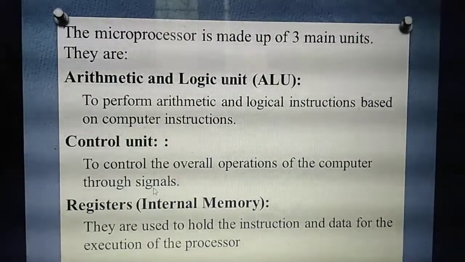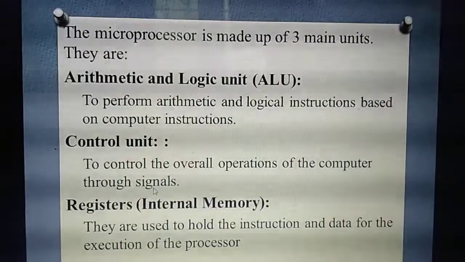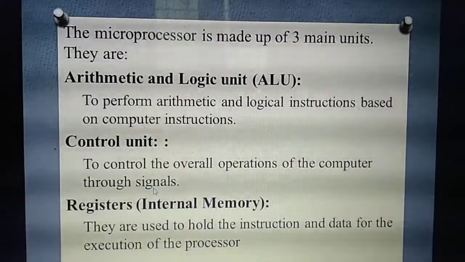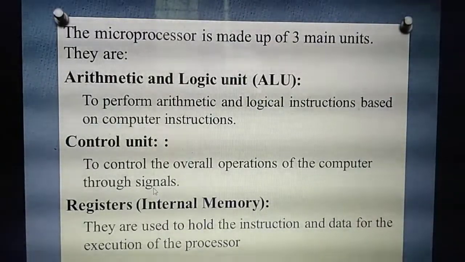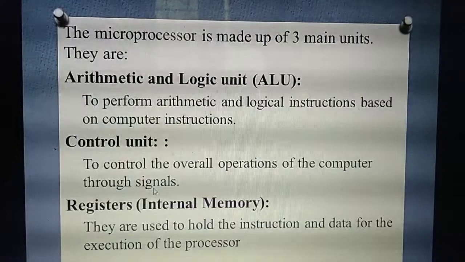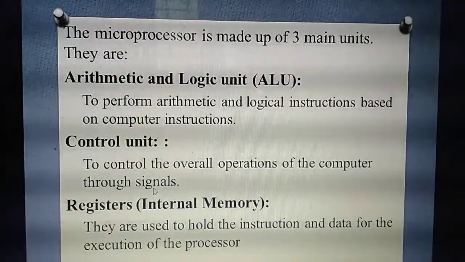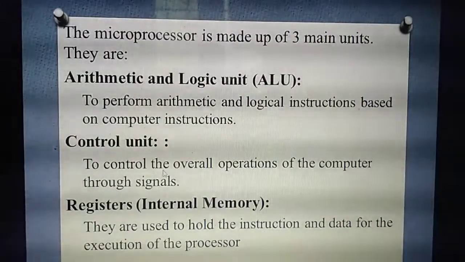All the instructions need to be stored in one place, isn't it? So that is called internal memory or registers. Understand? All the instructions are held in one place called what? Register, or stored in one place called registers or internal memory.